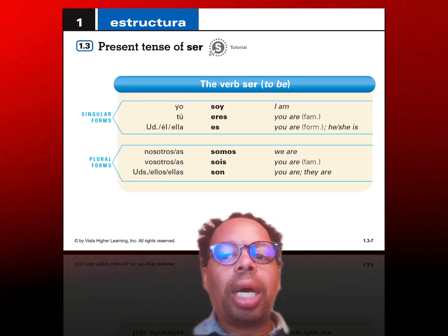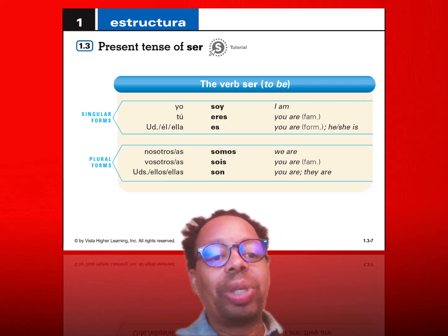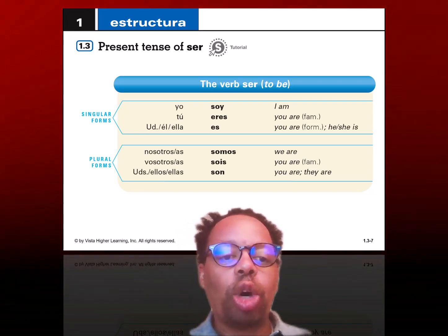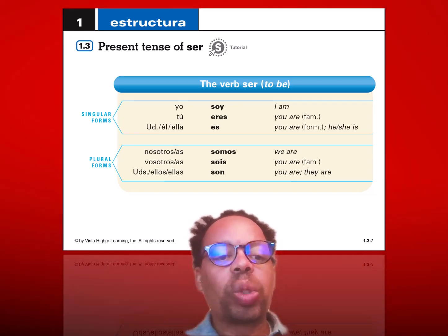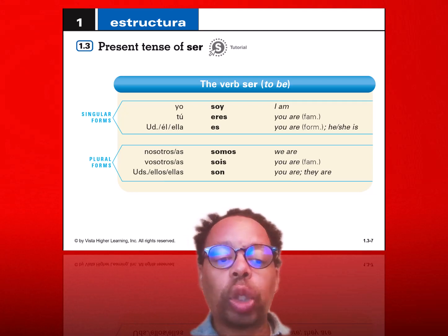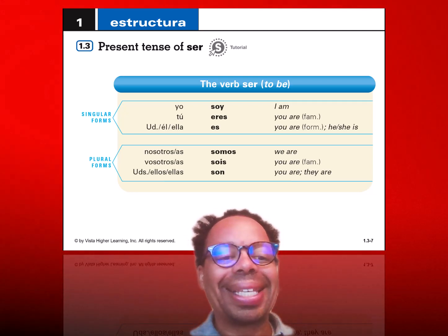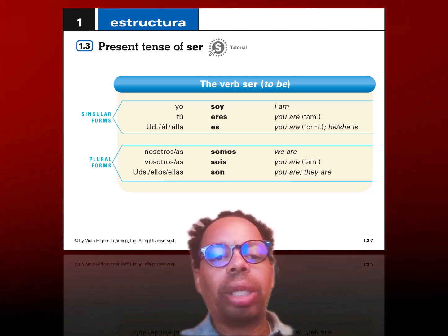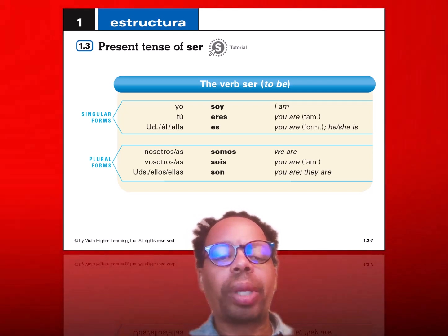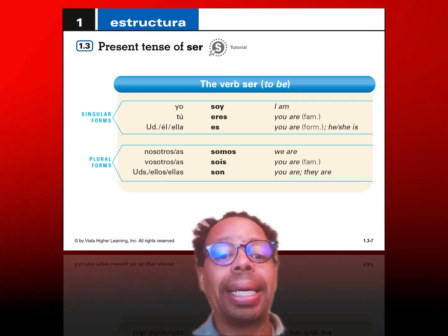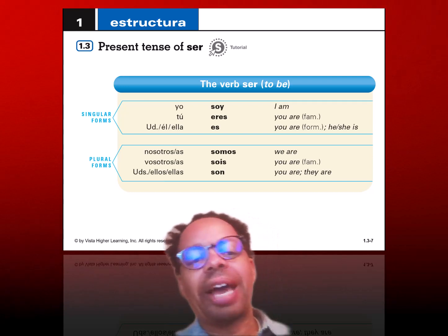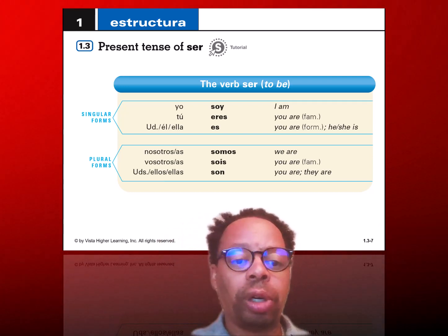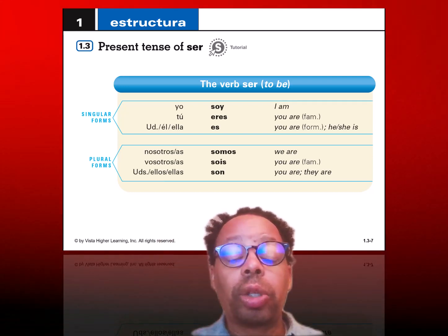You'll notice on the left-hand side, we see the subject pronouns, which we just went over. Yo, tú, él, ella, usted, nosotros, nosotras, vosotros, vosotras, ustedes, ellos, ellas. And then you look in the middle column where we have the forms of this verb, ser. In English, we typically have about three forms of a verb per verb.